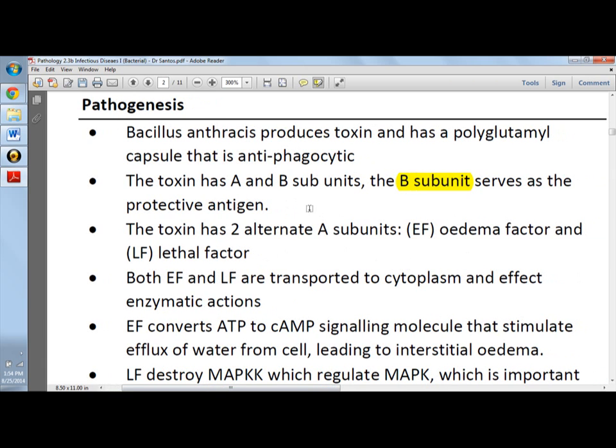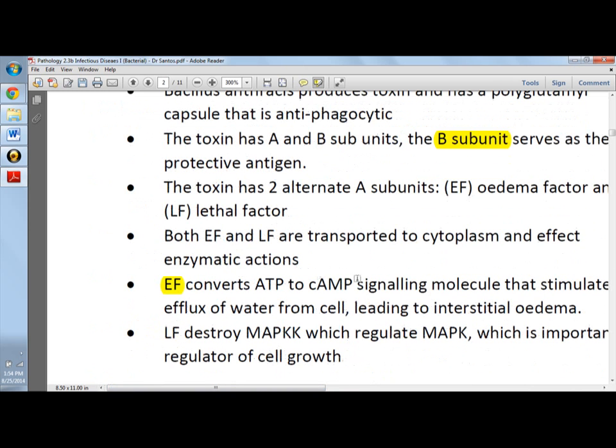When there is a decreased pH of the endosome, it causes changes in the configuration of the B heptamer. Both EF and LF are transported to the cytoplasm and can affect enzymatic actions. The EF will bind to calcium and calmodulin to form adenylate cyclase, and this will in turn convert ATP to cAMP, leading to interstitial edema.